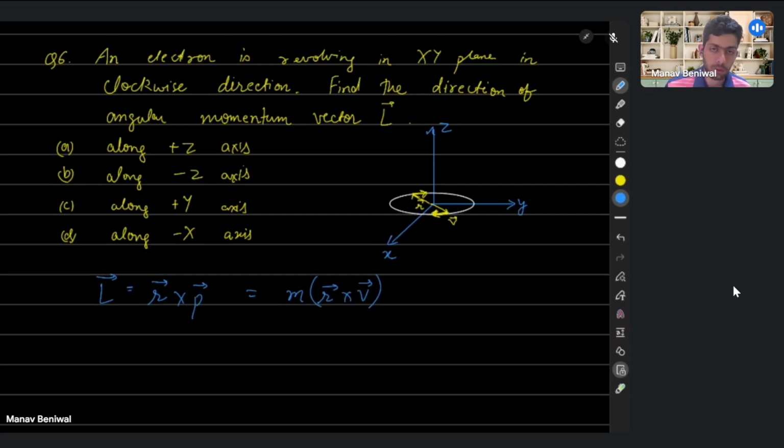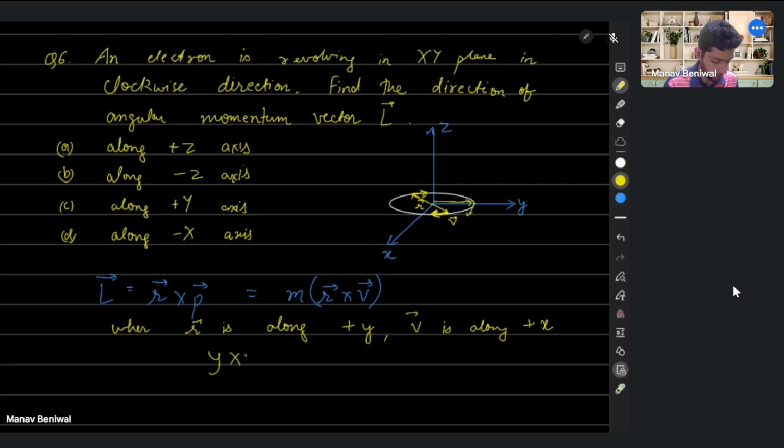Okay, so notice that we can take a special case when, let's say, our r is pointing along y direction, which will be this case. When r is along plus y, our v is along, so velocity will be like this, which is plus x.